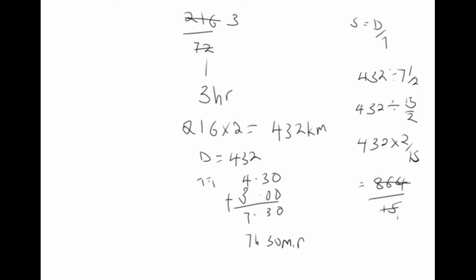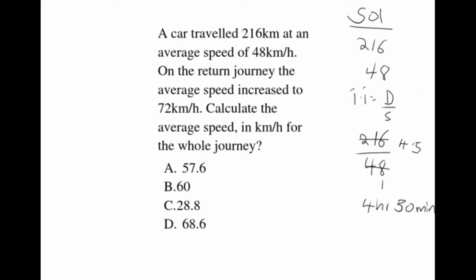By 15, 57.6. Therefore, the average speed is 57.6 kilometers per hour. Hence, our correct choice is A.